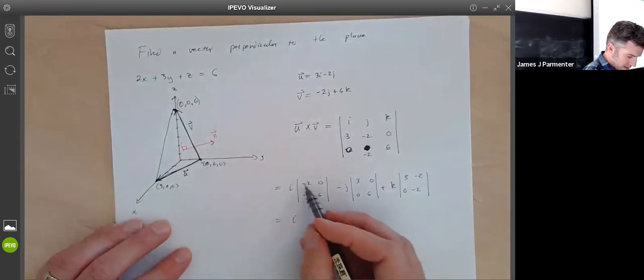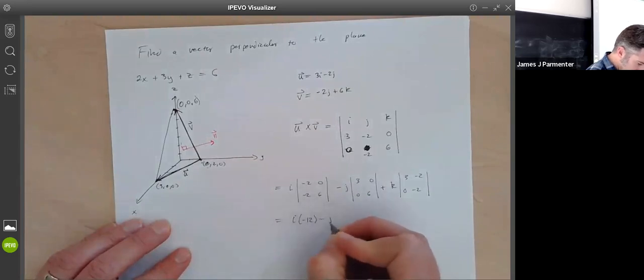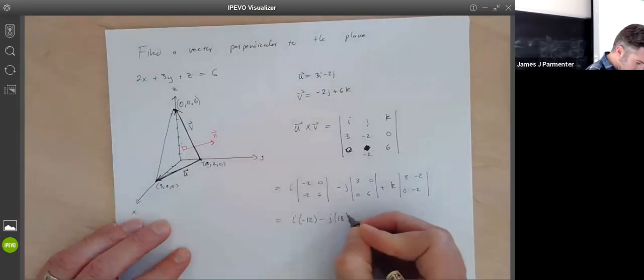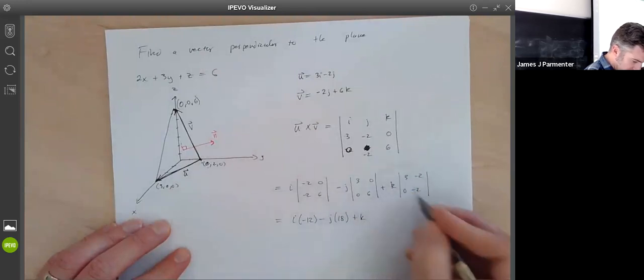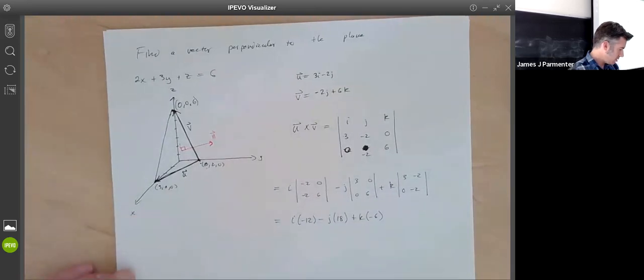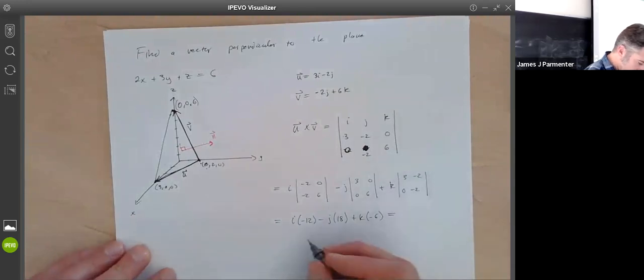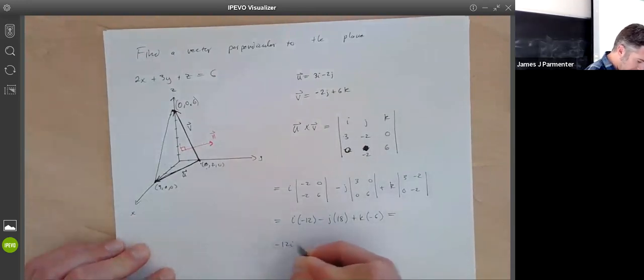We get i times -12 minus 0, minus j times 18 minus 0, plus k times -6 minus 0. So our vector is -12i minus 18j minus 6k.